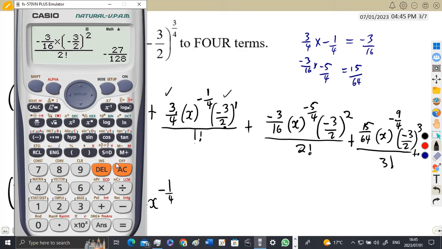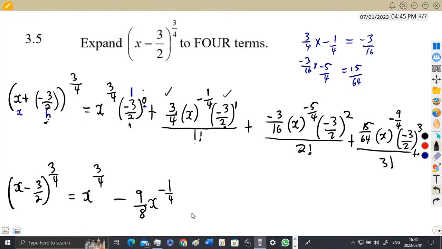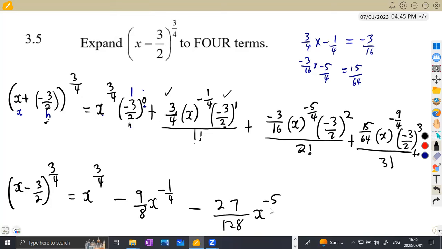So this is going to give us a negative 27 over 128. But remember, there's x to the exponent of negative 5 over 4. So that will be negative 27 over 128, x to the exponent of negative 5 over 4.